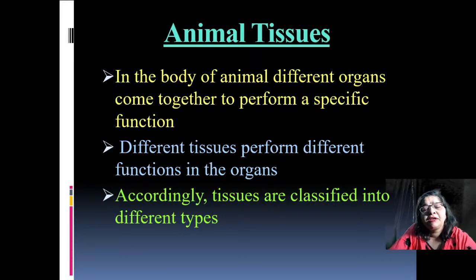So such different organs are arranged together to perform a specific function. Of course, here in the digestive system, the function is digestion. So different tissues present in these organ systems perform different functions in the organs. According to the functions, the tissues are classified into different types.